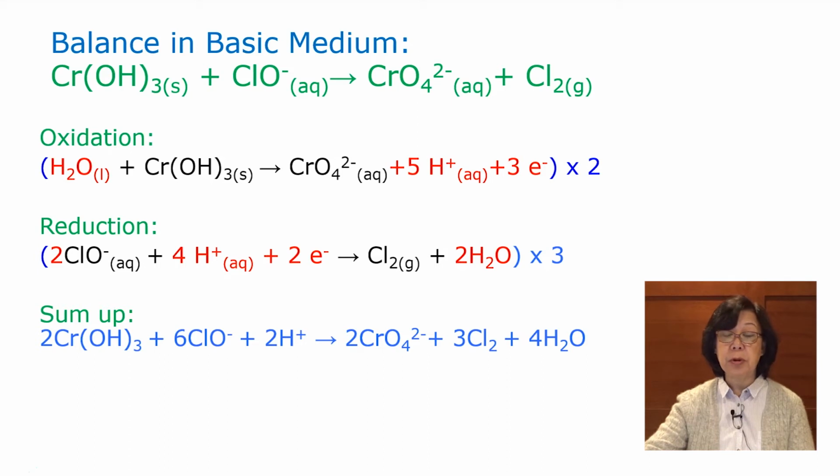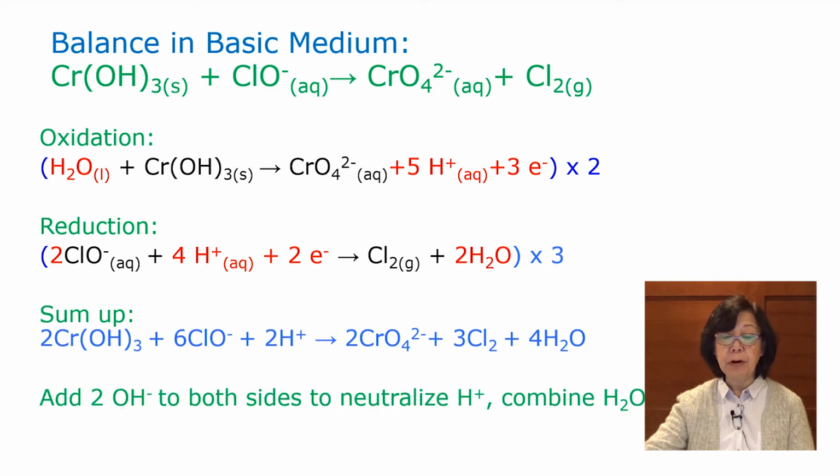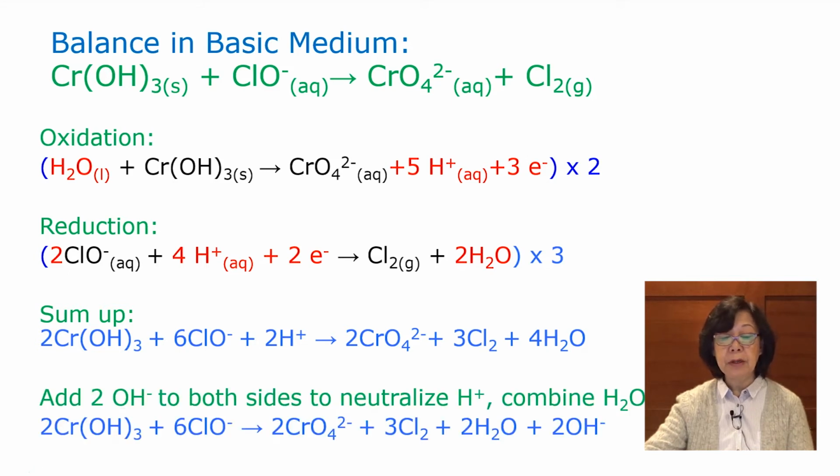And that 2 moles of water can be subtracted from the right-hand side's 4 moles of water. And therefore, now you would have 2 moles of chromium 3 hydroxide and 6 moles of hypochlorite ion to yield 2 moles of chromate ion and 3 moles of chlorine and 2 moles of water plus the 2 moles of hydroxide ion.